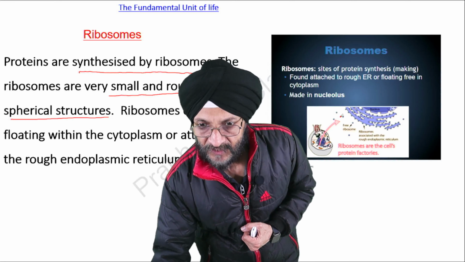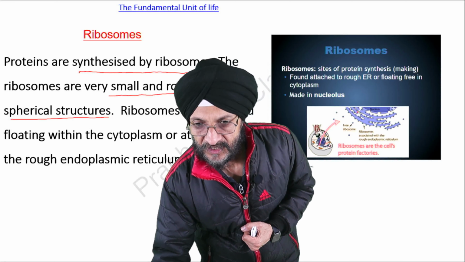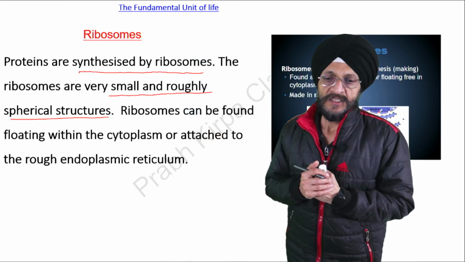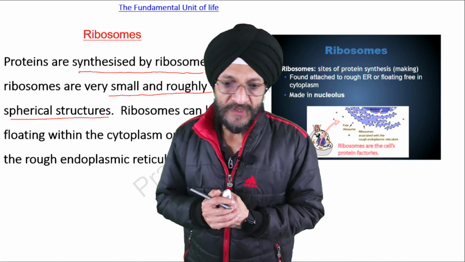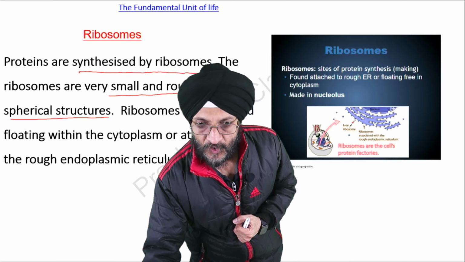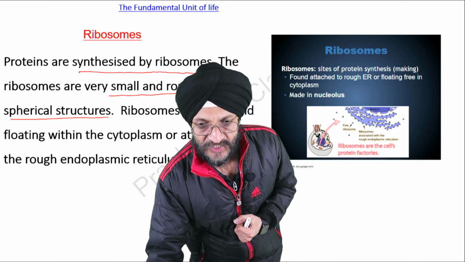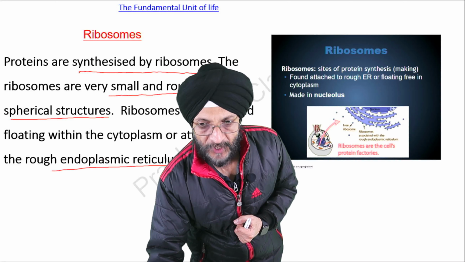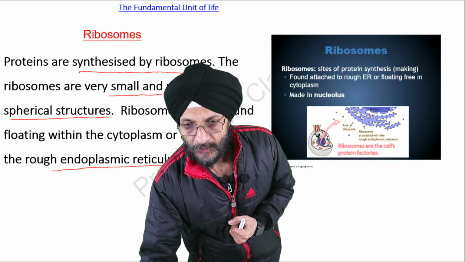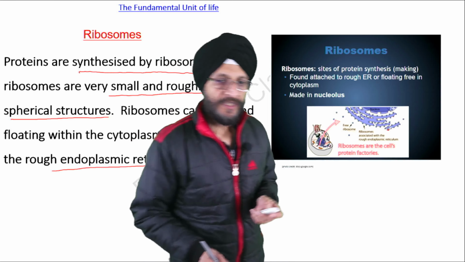You can see here that these dots are small spherical structures. Ribosomes can be found floating within the cytoplasm, or they are attached to the rough endoplasmic reticulum. These are the rough endoplasmic reticulum, and ribosomes are attached to it.